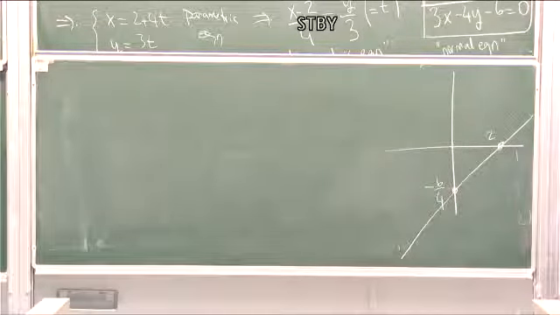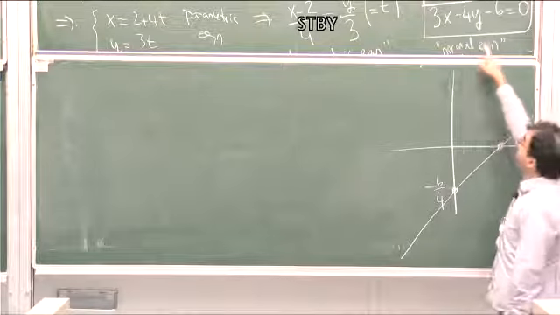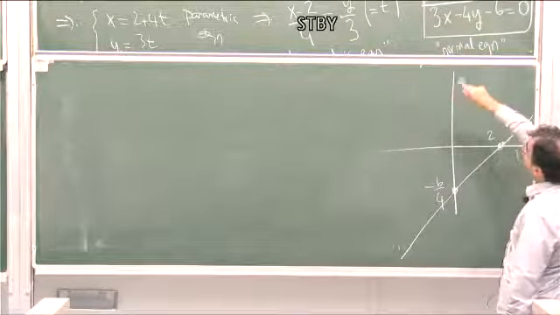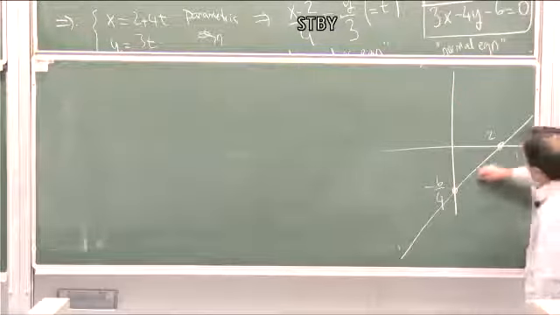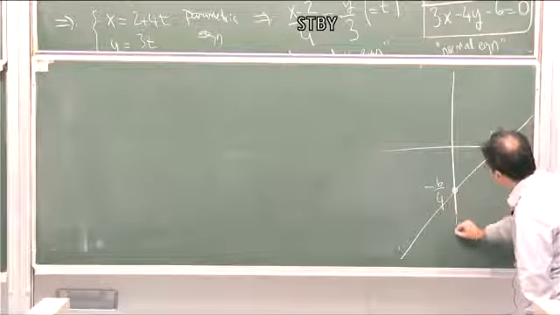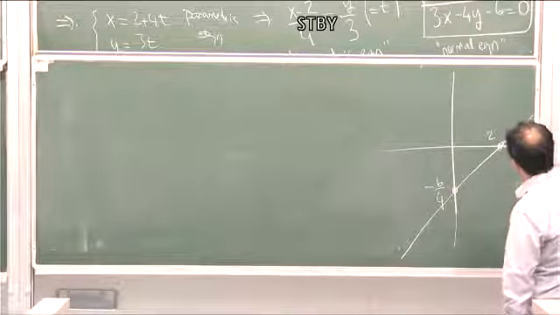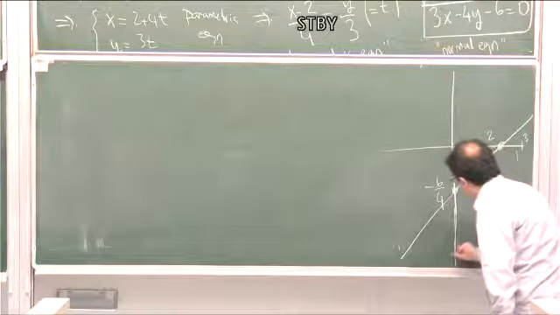All right. Well, where is my normal vector? 3x minus 4y. So 3 units to the right, 4 units below, right? So the vector (3, -4). If you like, let's sketch it here. This is 3, this is minus 4.